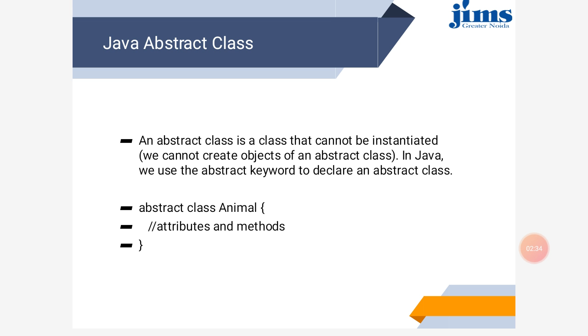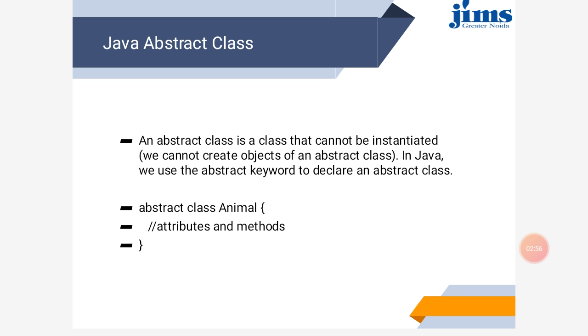We can take an example of an abstract class. In this slide, there is one class Animal, that is an abstract class, because the abstract keyword has been mentioned here. And this class can contain attributes as well as methods.